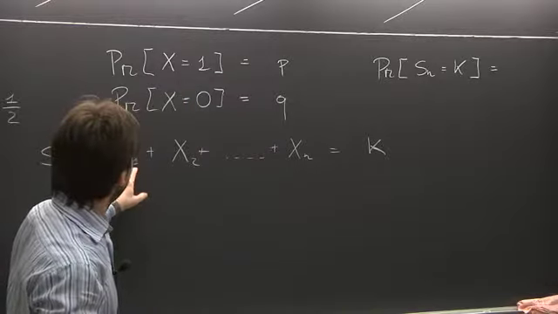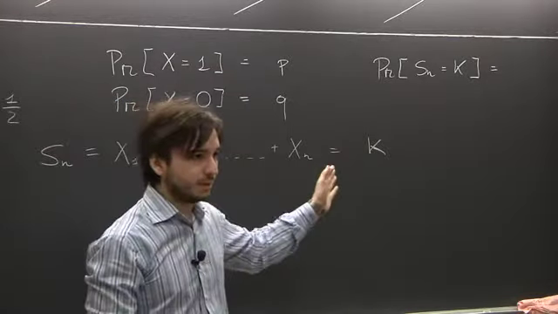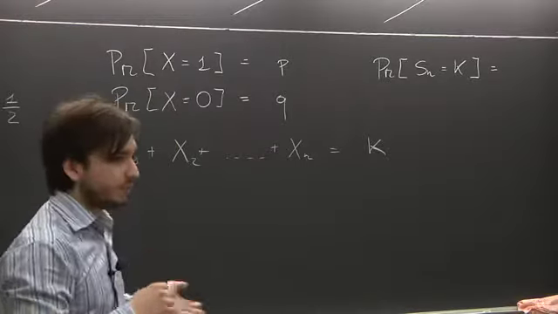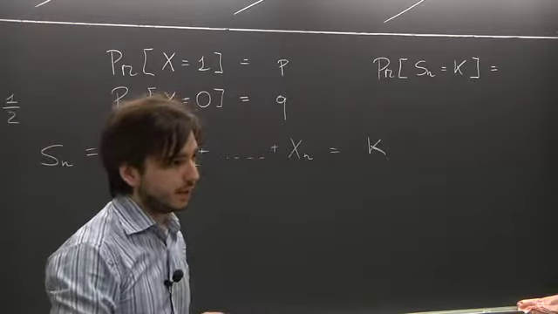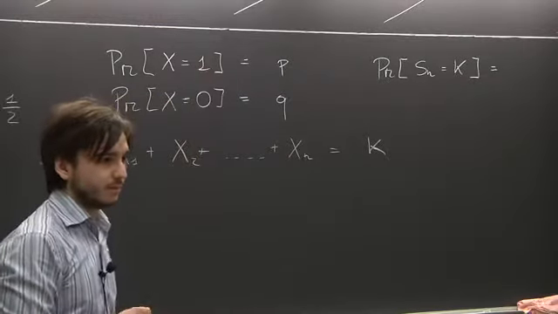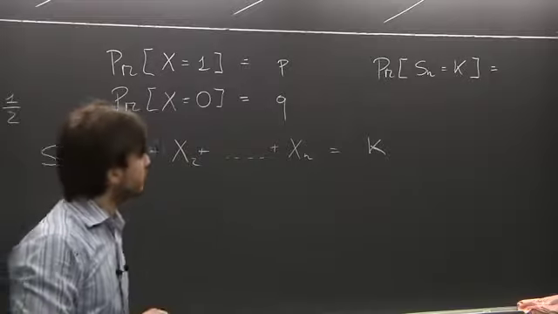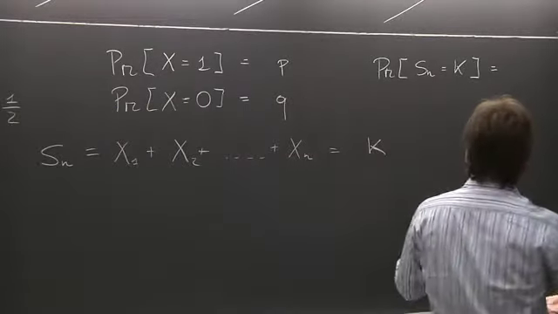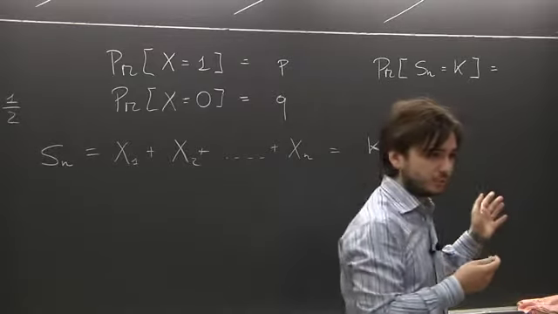These variables can be 1 or 0, you sum them, so k is an integer number that goes from 0 to n. You can have 0 successes up to n successes. And so the answer is the binomial distribution.